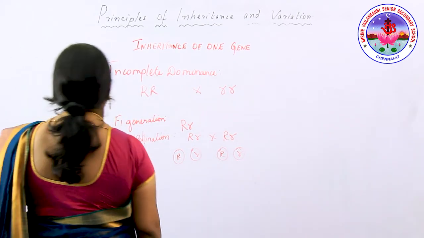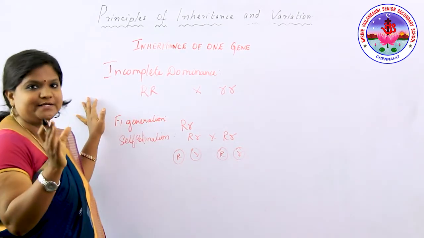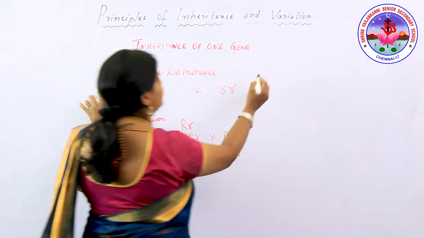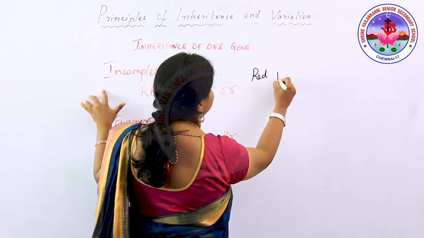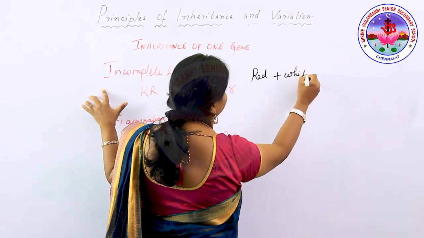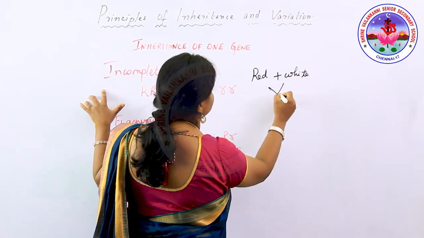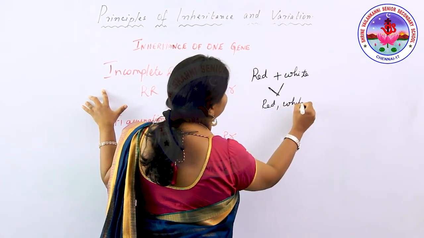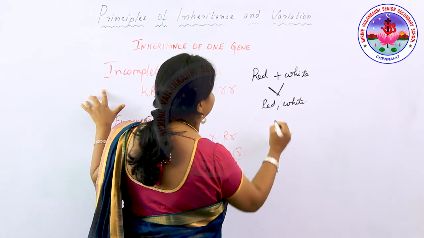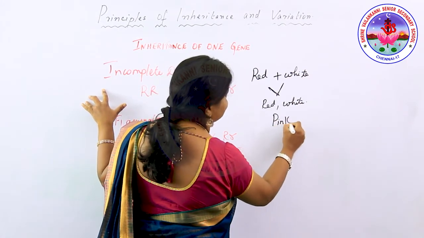In incomplete dominance, hybridization occurs. For example, if you choose a red color flower parent plus a white color flower parent, what happens when the fusion occurs? The red color and white color fuse, and the intermediate combination will be pink. Yes or no?